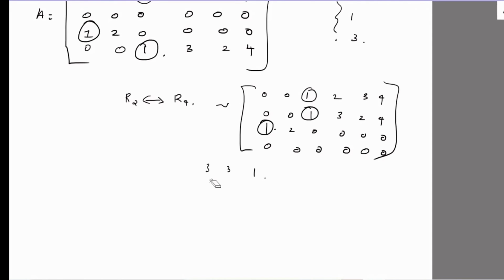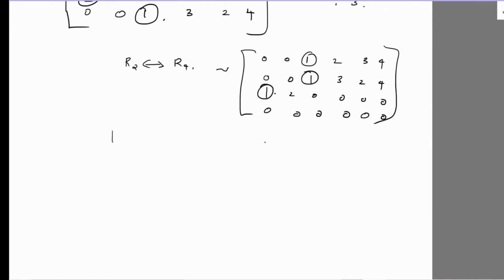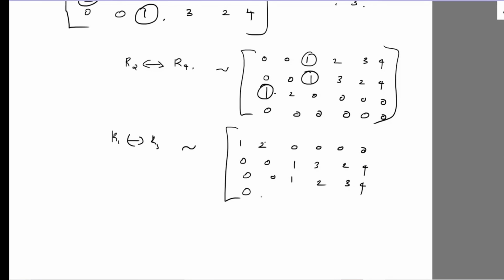By interchanging R1 and R3. So that will make 1 2 0 0 0 0, and the second row will be 0 0 1 3 2 4, and the third row will be 0 0 1 2 3 4, and the last row will be completely 0.